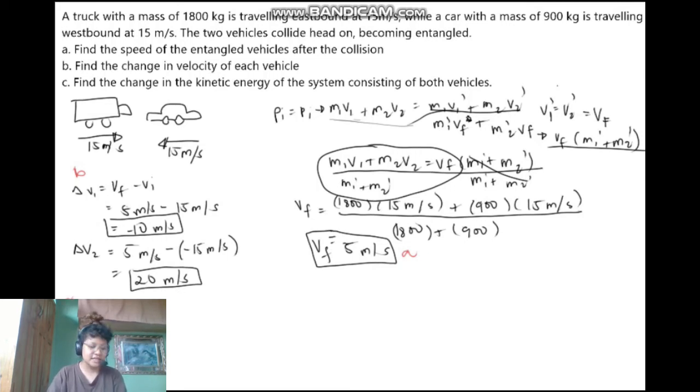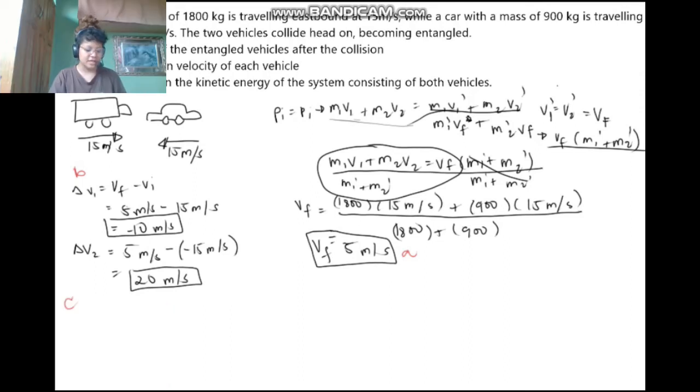find the change in kinetic energy of the system consisting of both vehicles. For this, we can use the formula for change in kinetic energy, which is final kinetic energy minus initial kinetic energy. So let's first find the initial kinetic energy.